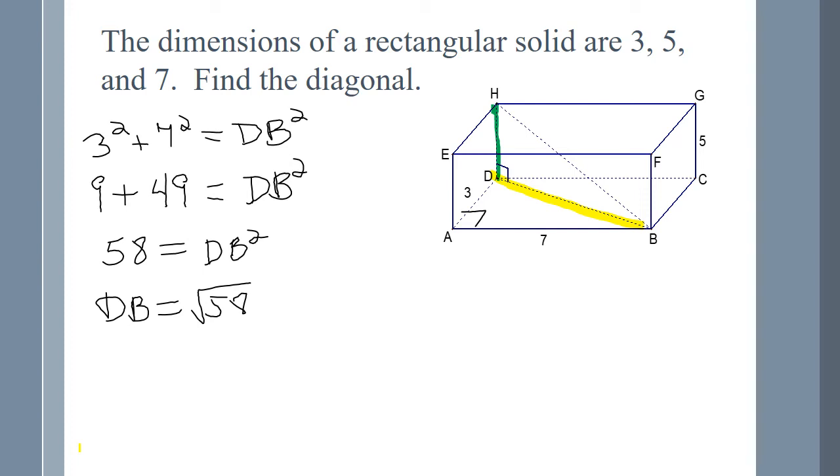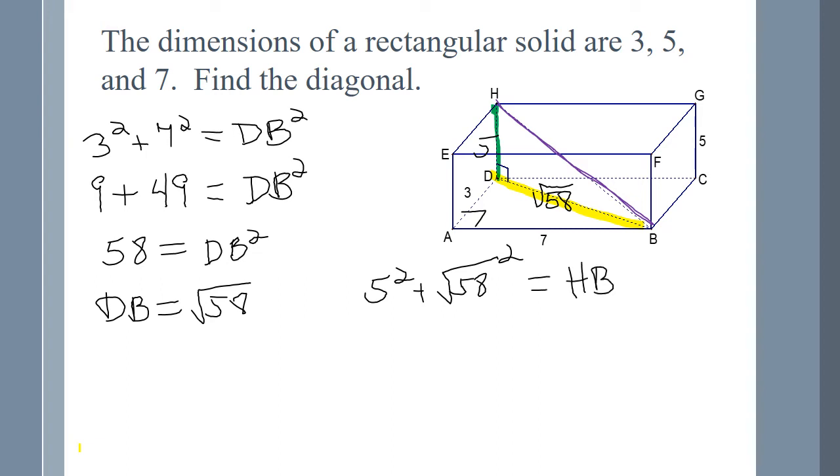Now, if GC is 5, then HD is also 5. This is the square root of 58. Now HB is going to be the hypotenuse of this triangle. So we can say that 5 squared plus the square root of 58, and we're going to square that, is equal to HB squared.